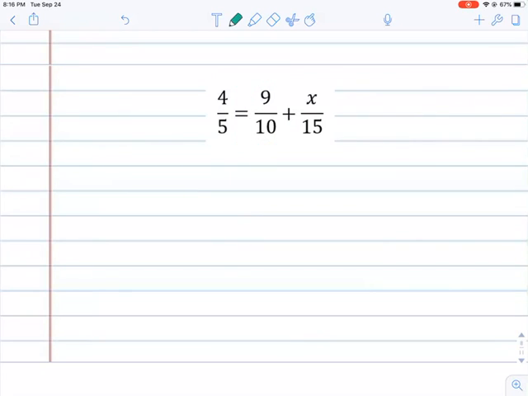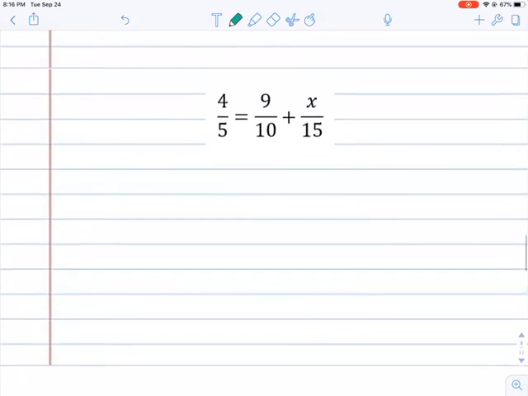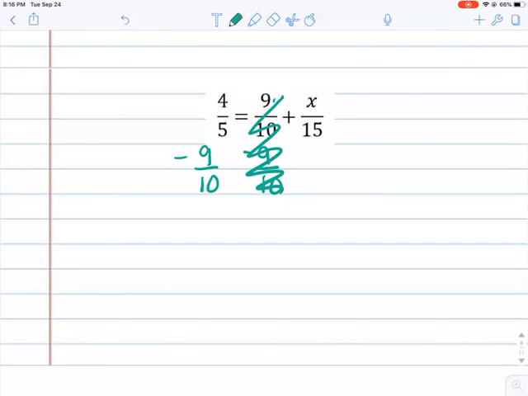I'm going to show you two ways for this as well. We'll do it the first way, just dealing with the fractions, and the second way, eliminating the denominator. So if I'm just dealing with the fractions, whenever you add or subtract, you have to have a common denominator. So the first thing I'm going to do is just subtract 9/10 from both sides. And that's just going to turn to 0.